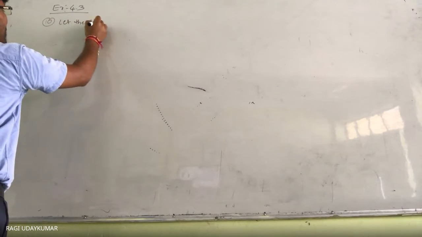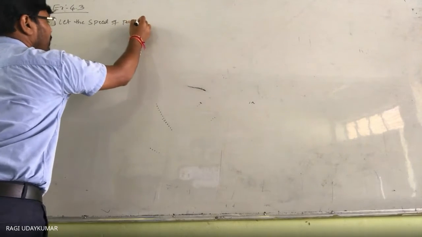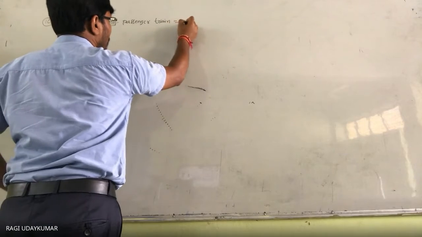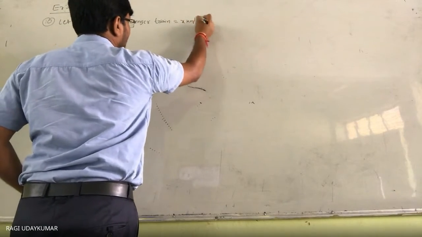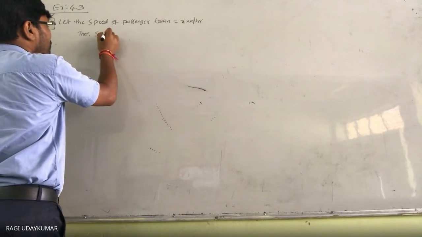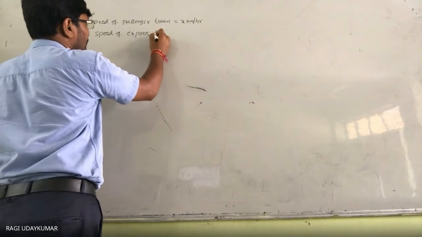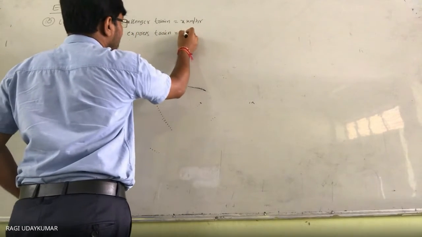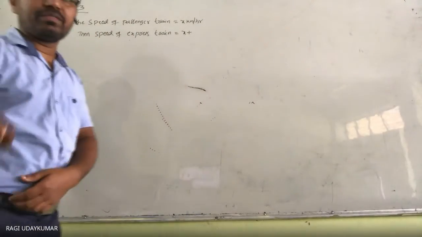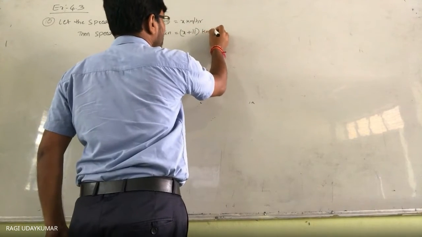Let the speed of the passenger train be x kilometers per hour. Then the speed of the express train, as per the question, is 11 kilometers per hour more than the speed of the passenger train, that is x plus 11 kilometers per hour.